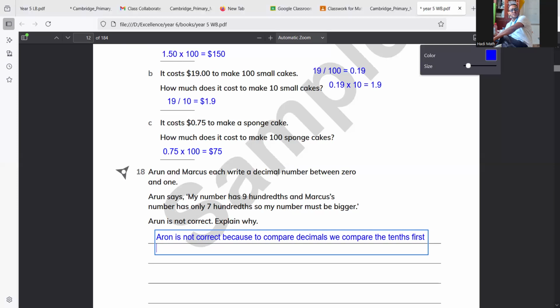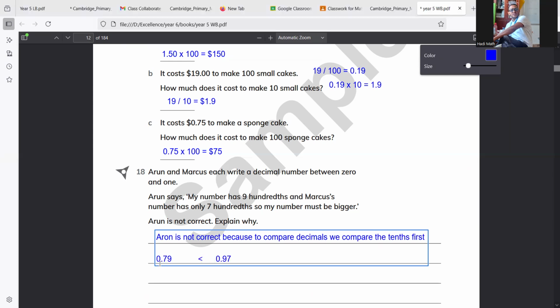For example, he says his hundredths digit is 9, so it could be 0.79. And for Marcos, his number, he said his hundredths is 7. It could be 0.97. Which one is bigger? 0.97. Why? Because we compare the tenths first.